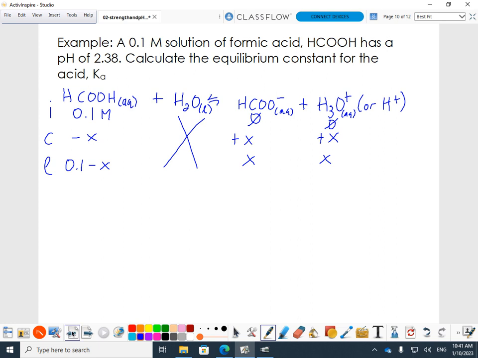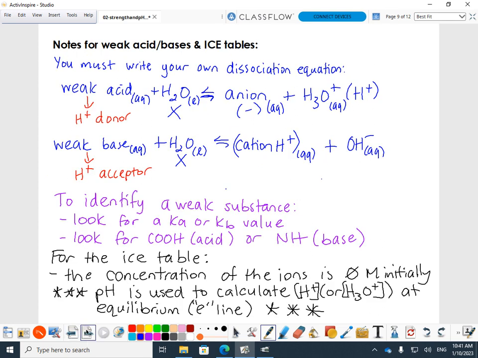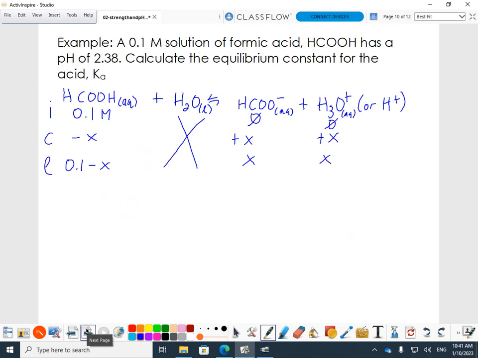I know I wrote it over here with lots of stars, but I'm going to write it again. You decide how you want to format your note. The pH is going to be used for the H plus or H3O plus concentration, so I'm going to write it over here, but you decide how your note's formatted.